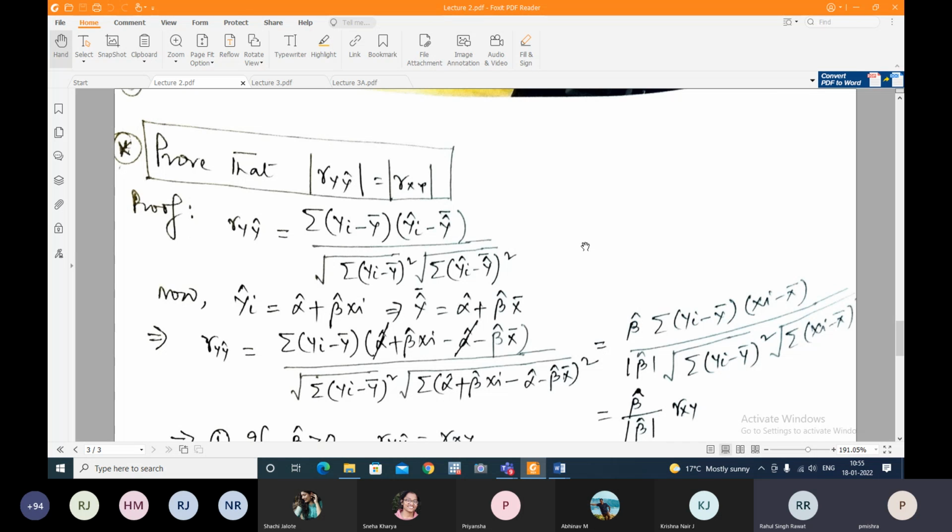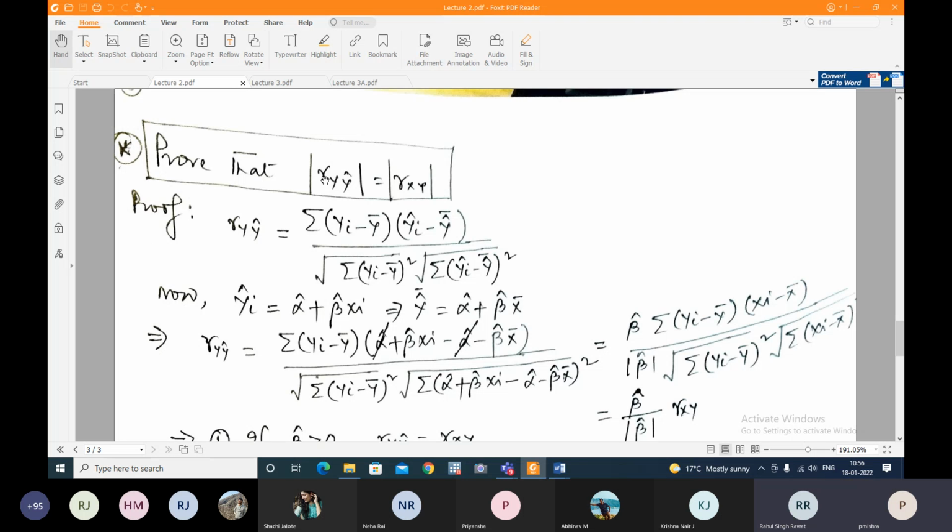We discussed that the correlation of y and y hat is the same as the... What is that known as? Multiple R. Yes, sir, right.